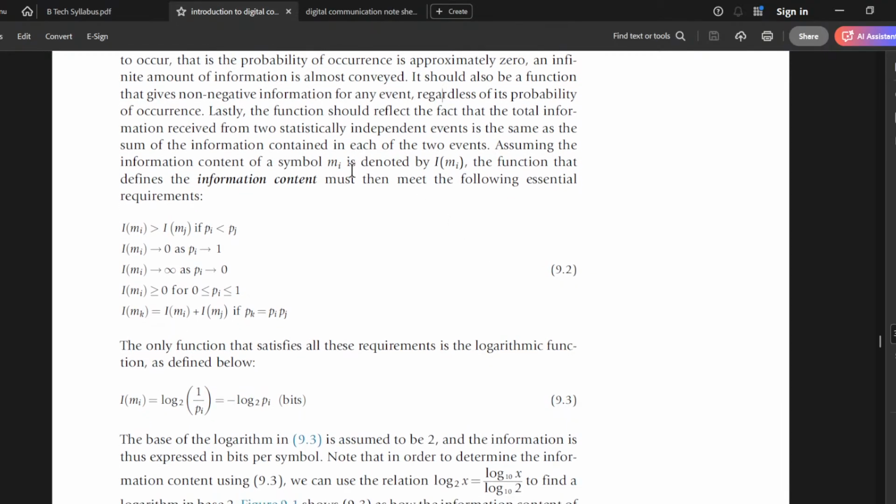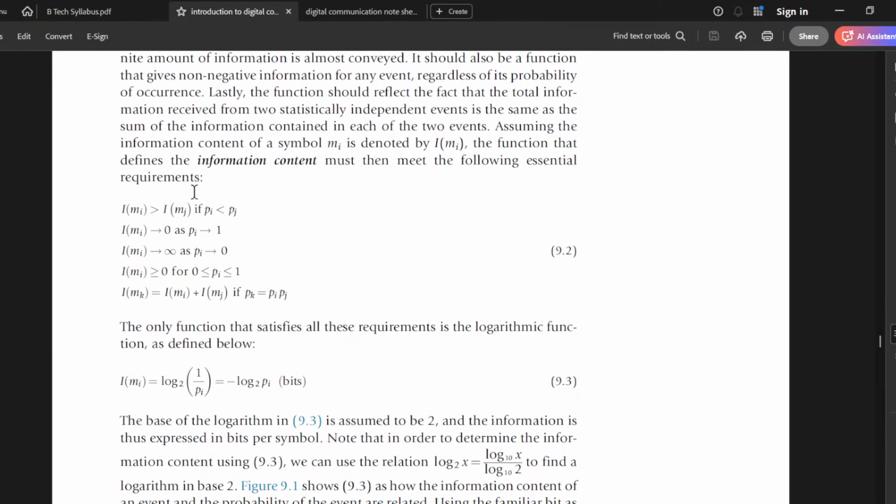Assuming the information content of symbol mi is denoted by I, the function that defines the information content must follow these essentials. If one of the signals is more probable than the other, then the information will be opposite. The probability of the first occurrence will be less than the second one. If the info tends to zero, then the probability tends to one.